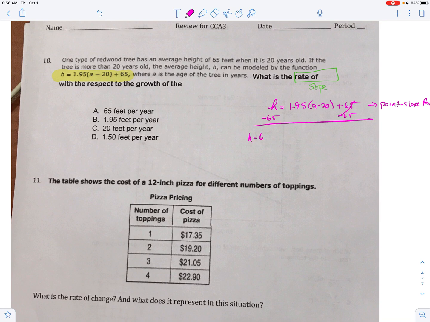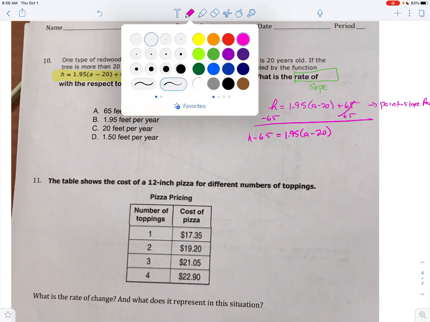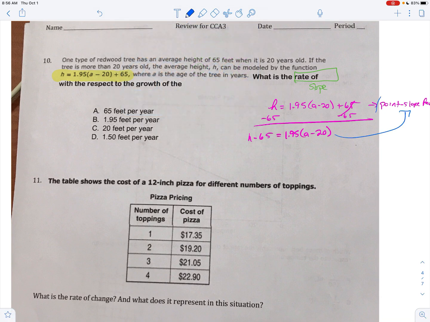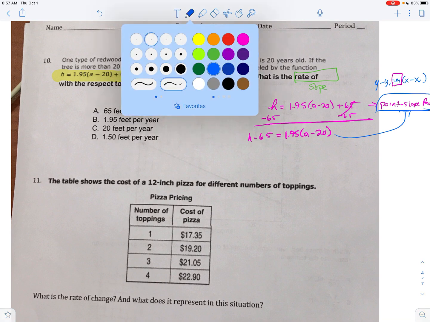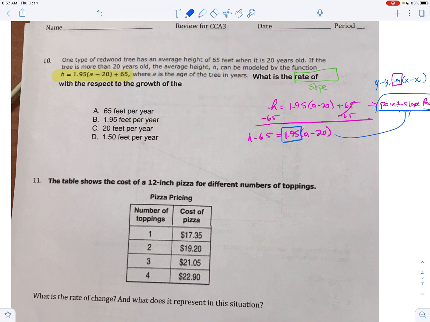And then we have h minus 65 equals 1.95 times a minus 20. And then we really have it in point slope form. Remember, point slope form, that's y minus y1 equals m times x minus x1. So we're looking for the rate of change, which is slope. So here we go. That's our m, and 1.95 stands in that spot. So our answer is B.